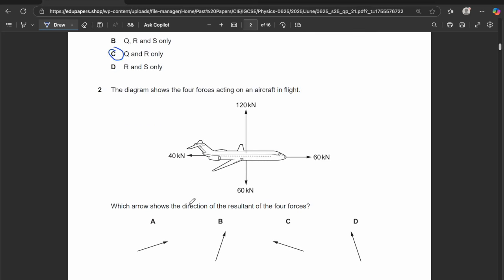2. The diagram shows the 4 forces acting on an aircraft in flight. Which arrow shows the direction of the resultant force? Resultant of the 4 forces. So we can make this simpler. We only have 2 directions, right?